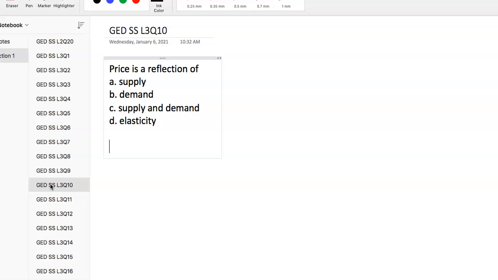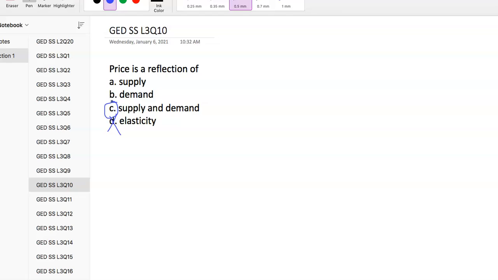Price is a reflection of, is it supply, demand? So when you see this supply, and demand, at least cross out elasticity, right? We have three answers that are so connected. You can be pretty sure that's not what they were looking for. Give a little more info here on supply and demand. Demand refers to how much of a product or service is desired by buyers.